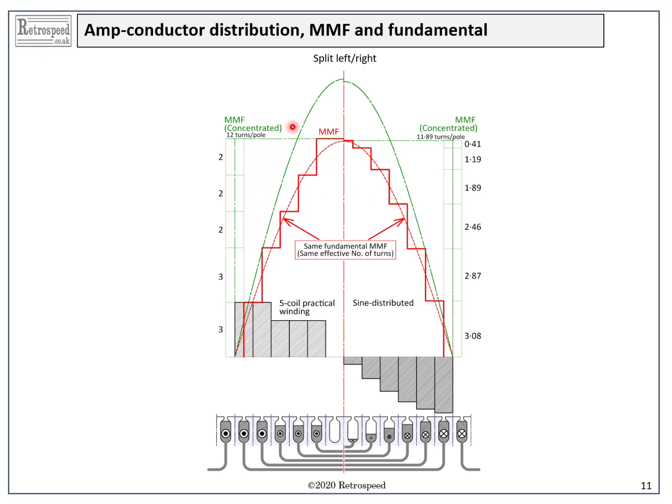Finally, we have the green sine waves representing the fundamental MMF that we would get if all the conductors were concentrated or bunched into a single full-pitch coil. That, of course, is not possible in this case because we have a tooth in the way on either side. But nevertheless, this is the reference or benchmark on which the winding factor is calculated.